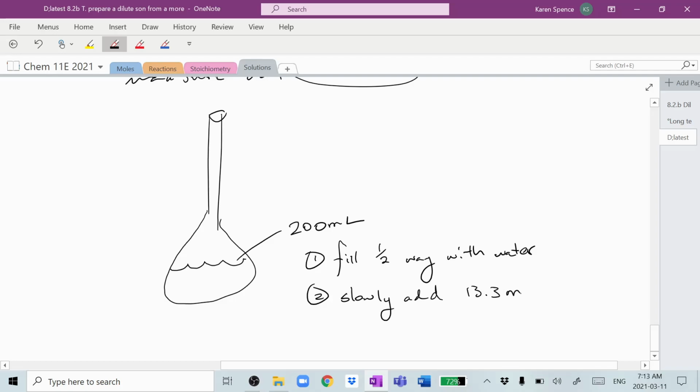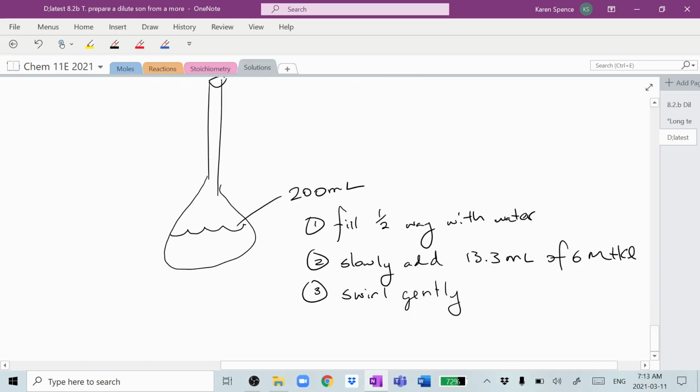We're going to swirl it gently. And then we are going to gradually add water to the 200 milliliter calibration line.